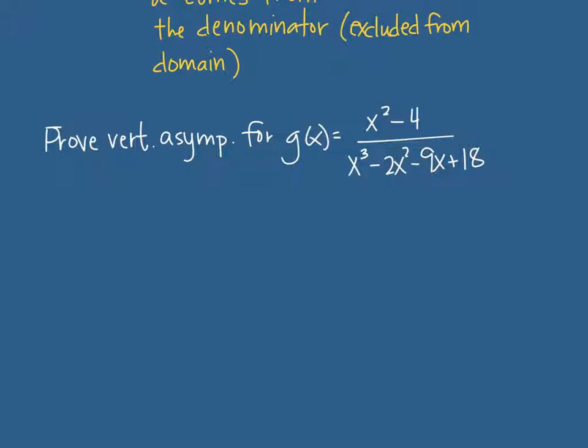All right, looking at the denominator, how many potential asymptotes might there be? There might be 3. No more than 3, but 3 would be the max.